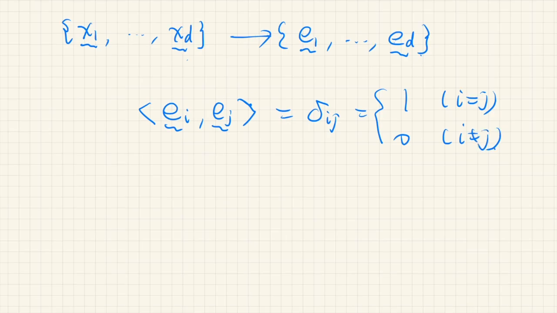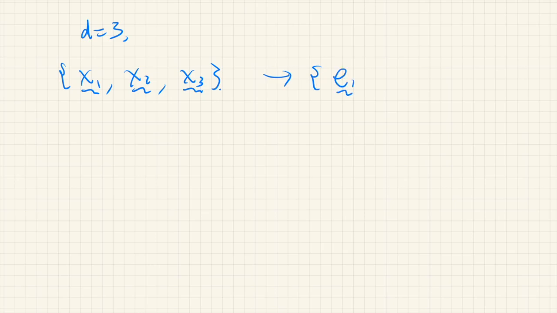Before giving the general method, let's consider the three-dimensional case, that is d equals 3. So we have three vectors, x1, x2, and x3, and we want to find another set of three vectors, e1, e2, and e3. How can we do that?